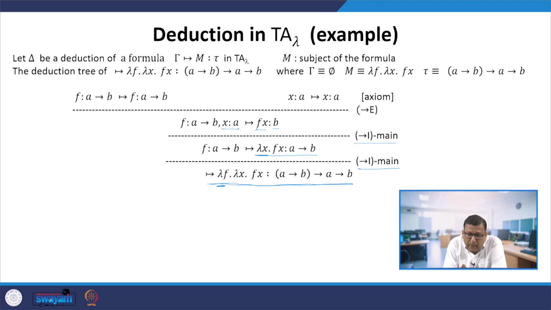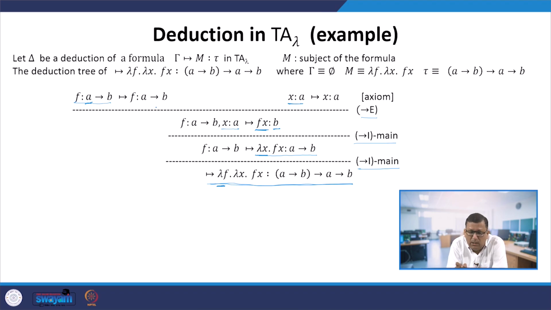Next we have fx, an application, and fx has type b. That means f should have some type and x should have some type. By the arrow E rule, f has type a arrow b and x has type a.